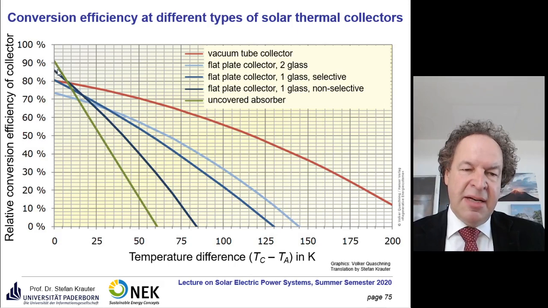But then the thermal losses are really high, and the efficiency sinks pretty quickly. Still, you can make use of this collector. For example, it's very often used at public swimming pools where you just have to increase temperature by maybe 5 degrees, and it's cheap. In this operation range, it's even better than the more efficient flat plate collectors.